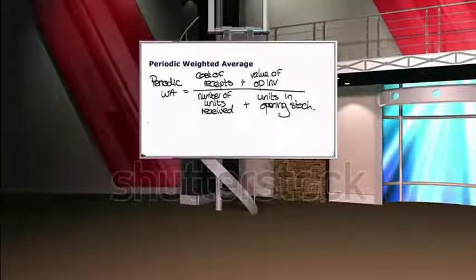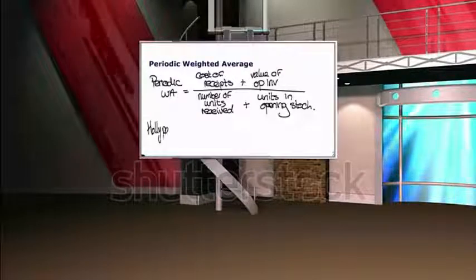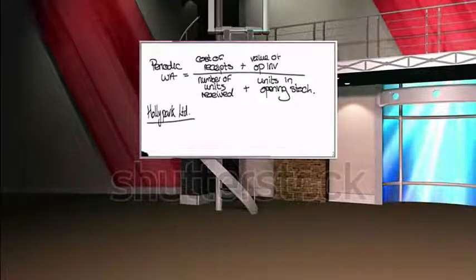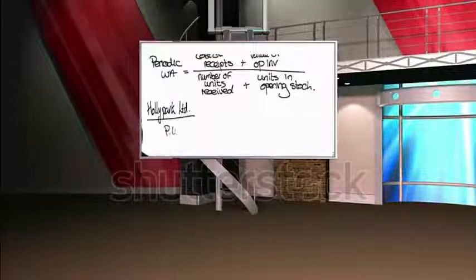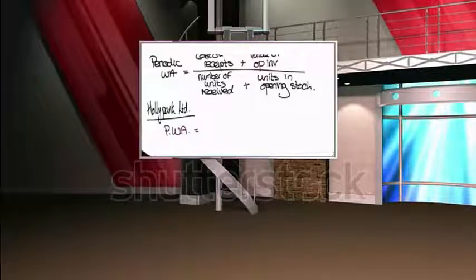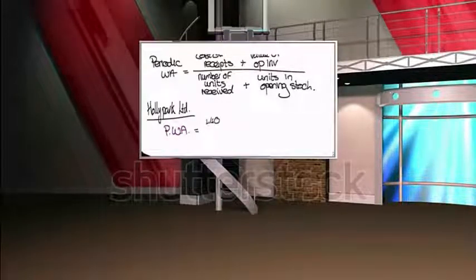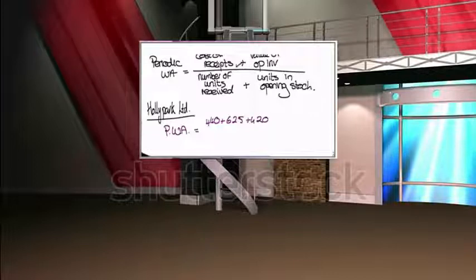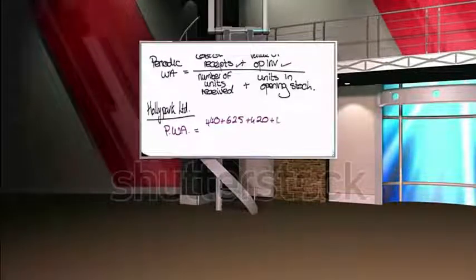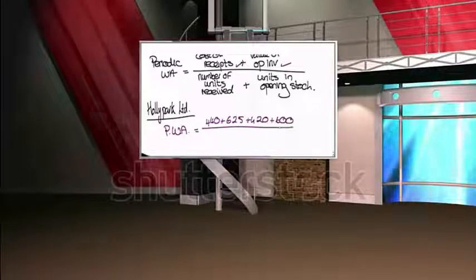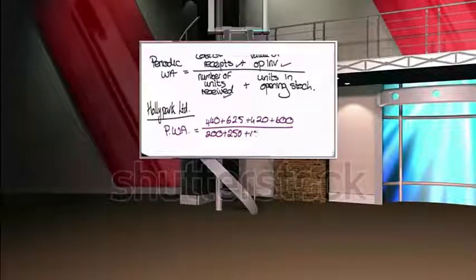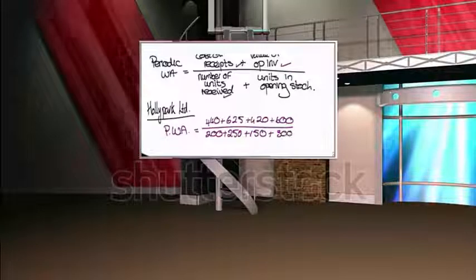If we were to apply this then to our previous exercise, Holly Park Limited, we would calculate our periodic weighted average, the total cost of all of our receipts, so that will be 440 plus 625 plus 420 plus the value of our opening inventory, which was 600, and divided by number of units received, 200 plus 250 plus 150 plus 300.